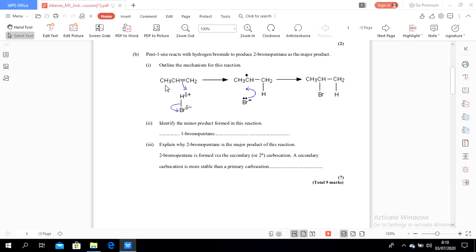This alkyl group will give a positive inductive effect to the next carbon atom. So that makes the next carbon atom have a tendency to become a carbocation, a positive ion.